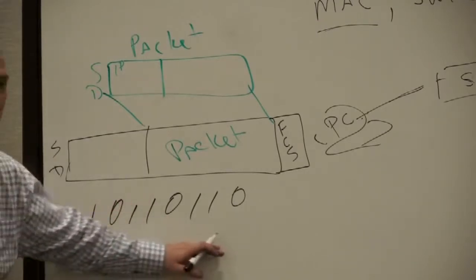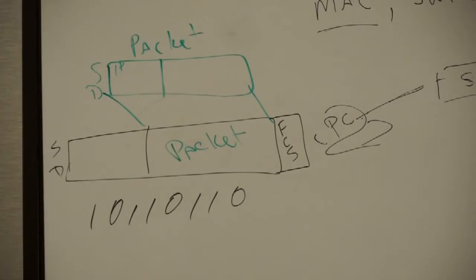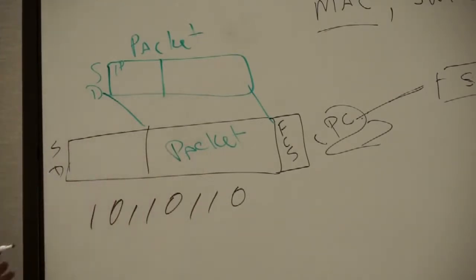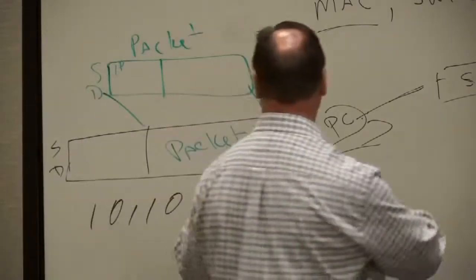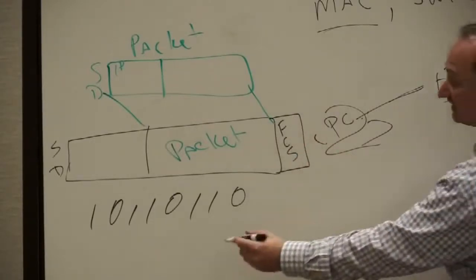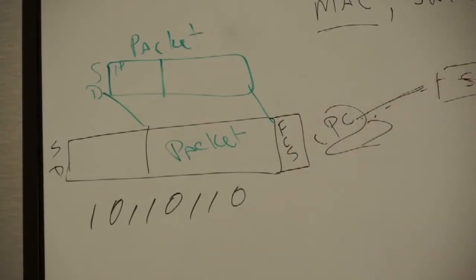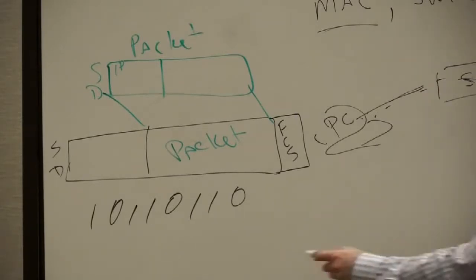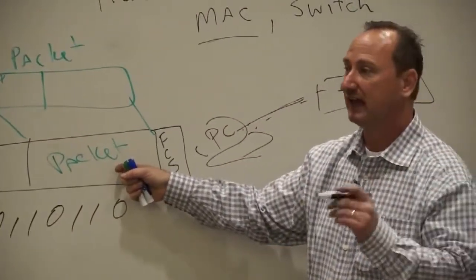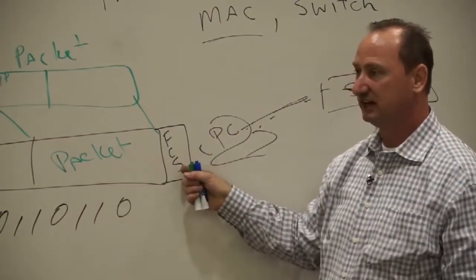He puts these ones and zeros through a formula: how many ones in certain places and how many zeros in certain places, and runs it through a formula and comes up with a number.